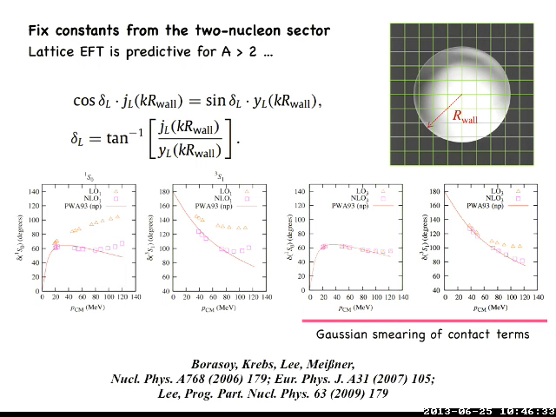No, this is only used in the... This is not a simulation, this is just solving the Schrödinger equation. So you don't actually do this numerically on the lattice? No. Okay, got it. So the wall is not used in the lattice calculation at all. It's only used in this fixing of the low energy constants.